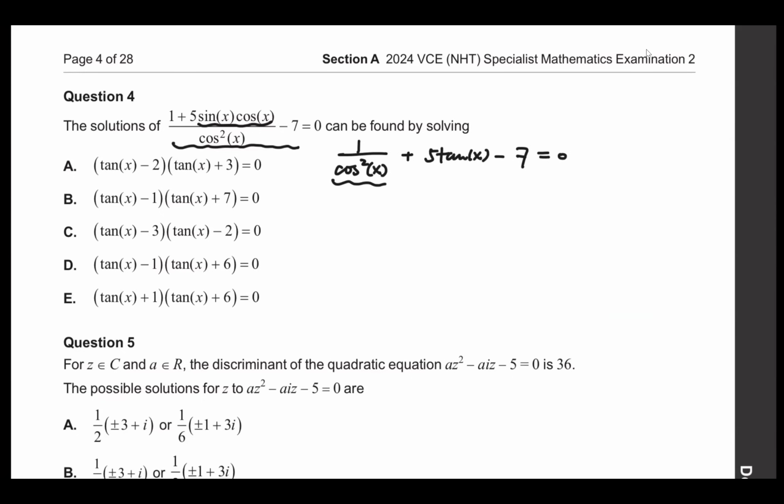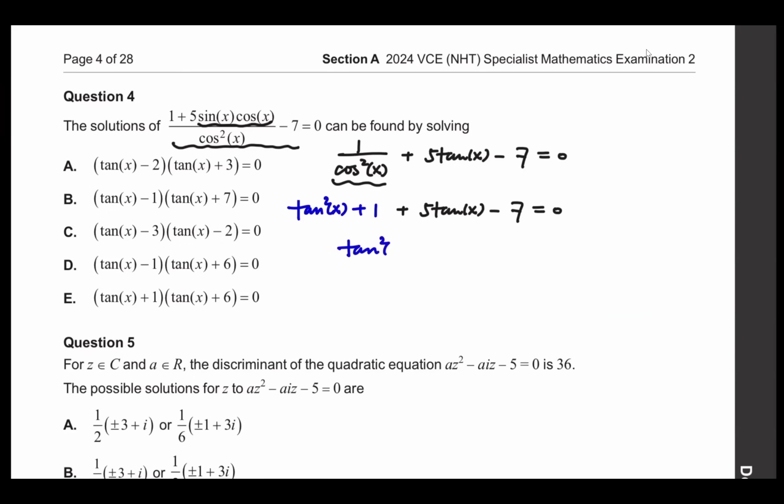The other thing is 1 over cosine squared is secant squared x plus everything. But also notice secant squared is tangent squared plus 1. So write tangent squared x plus 1 in place of secant squared.